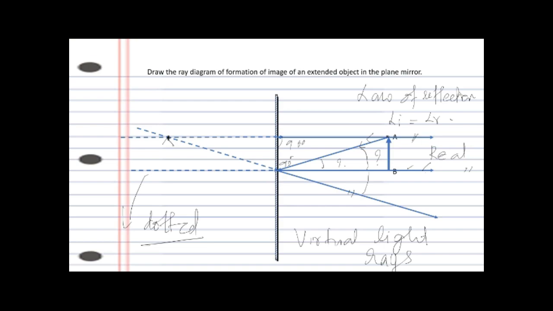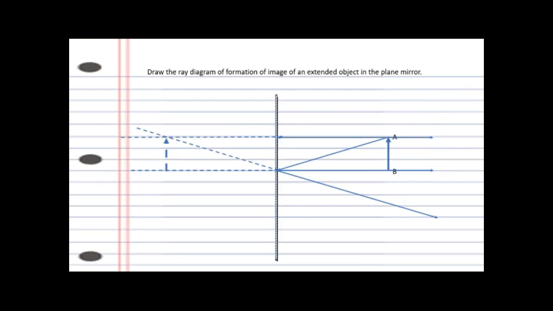If the image of this particular point falls here, the image of all these points will fall below it, isn't it? And that's why you can straightaway draw the image. Now look at this. I have drawn the image again dotted. So that's how you can make a difference between an object, this is the object, and the image. Right? You should take care of that.